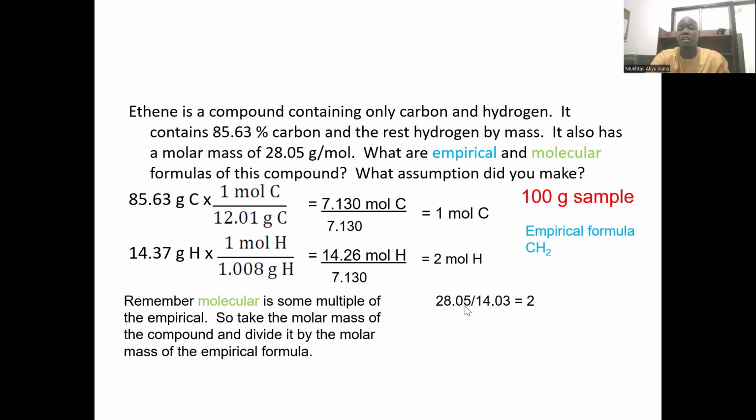So we have the molar mass of the compound, which is 28.05, and then you divide it by the molar mass of the empirical formula, which is CH2, 14. So you have 2 as a multiple factor. So that is why at the end we now multiply 2 times CH2. And of course we have C2H4, which is the molecular formula of ethene.